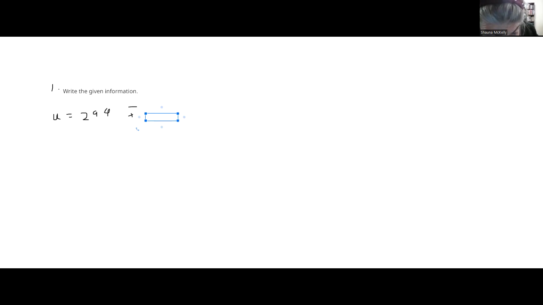They gave us sigma, which is 43, and they gave us n, which is 15.